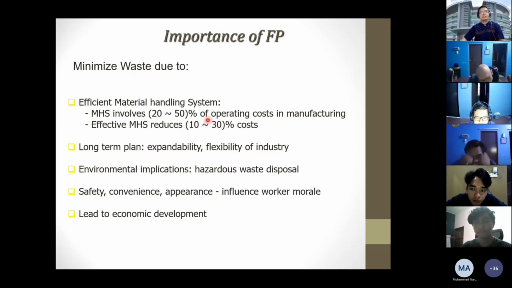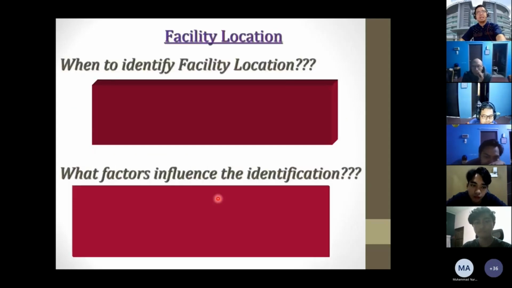Then we want to minimize waste in the long-term plan: expandability, flexibility of the industry, environmental implications, hazardous waste disposal, and safety, convenience or appearance that influence worker morale. Last but not least, facility planning leads to economic development. So these are the benefits and importance of facilities planning.